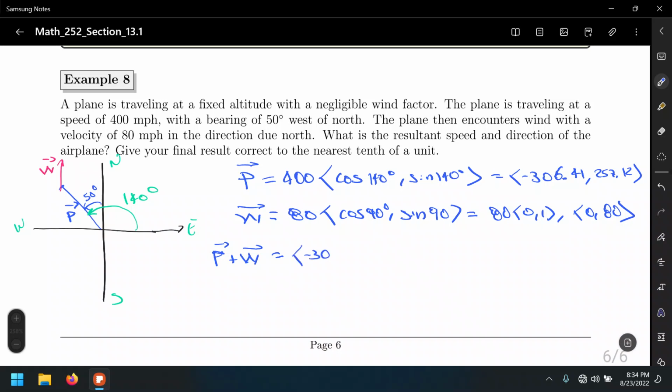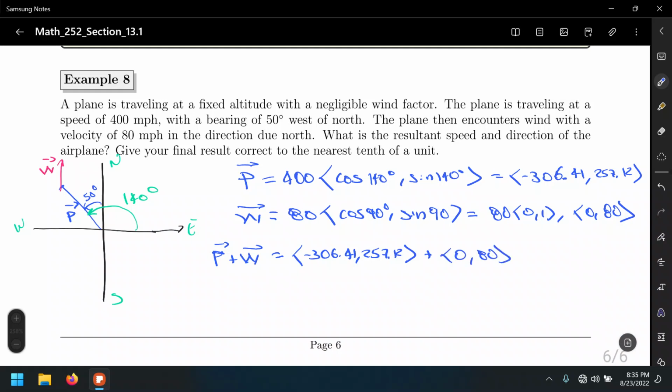That's negative 306.41, 257.12 plus 0, 80.